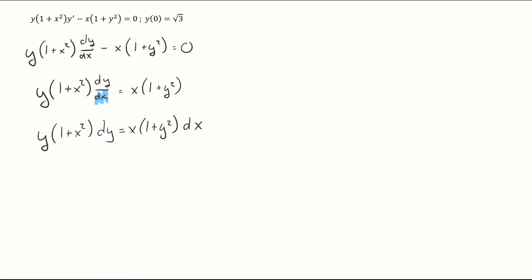And now I'll do 2 steps in one. First, I'll divide by 1 plus y squared on both sides, and then I'll divide by 1 plus x squared. That leaves me with y times dy divided by 1 plus y squared equals x times dx over 1 plus x squared.